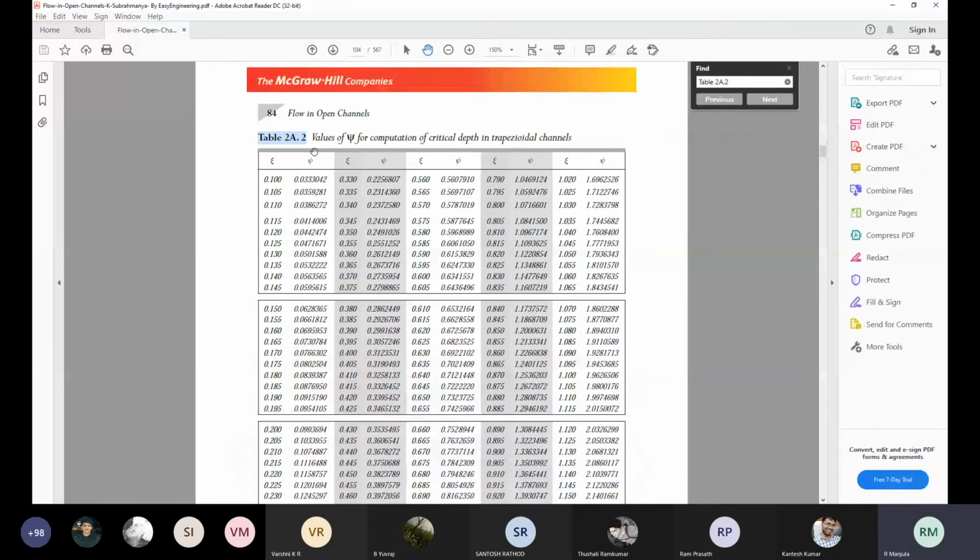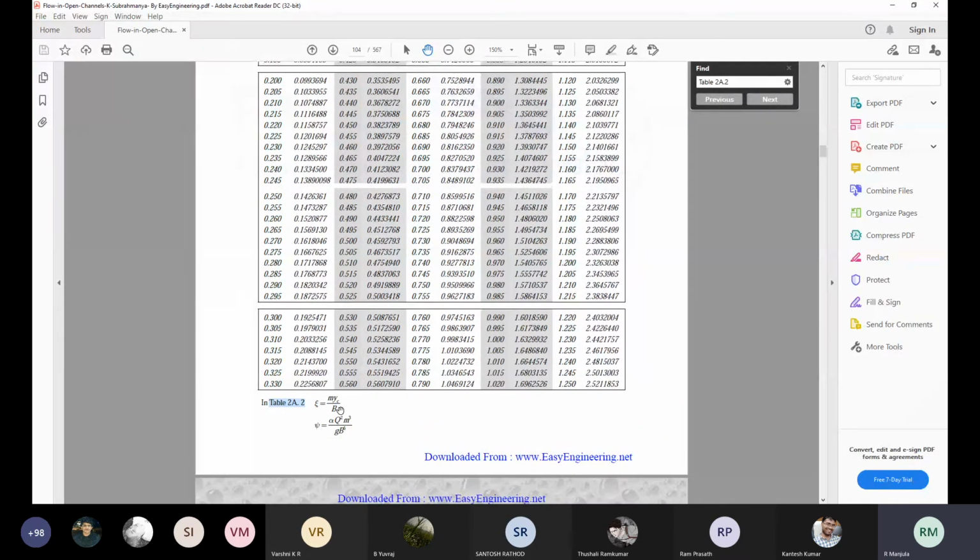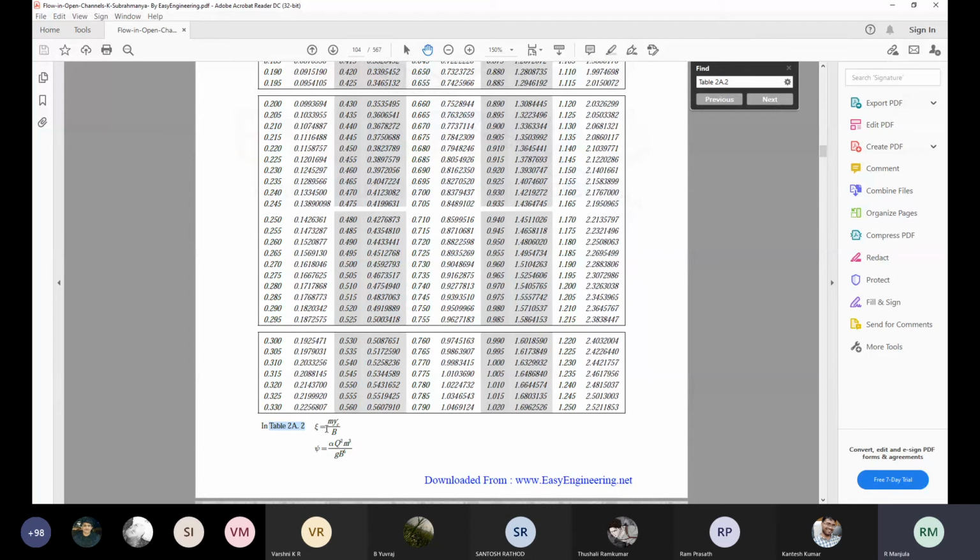This is the table showing the values of psi for the computation of critical depth in a trapezoidal channel. For various values of epsilon, the psi values are given. Epsilon is nothing but m into yc divided by b. M is the side slope, yc is the critical depth, b is the breadth of the channel, just like y naught by b, what we have seen in the previous gradually varied flow computation.